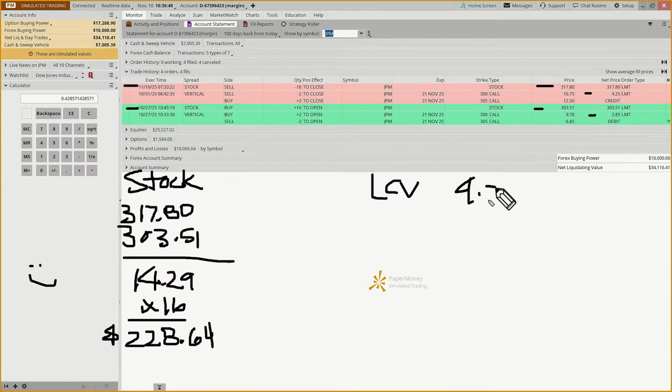Well, that was 425, and we had 2 contracts here, minus the 285 we spent to get in. So we were risking about 570 on this one in total, because we could have lost all of that amount. And so we ended up by $1.40 a share, times 200 shares.